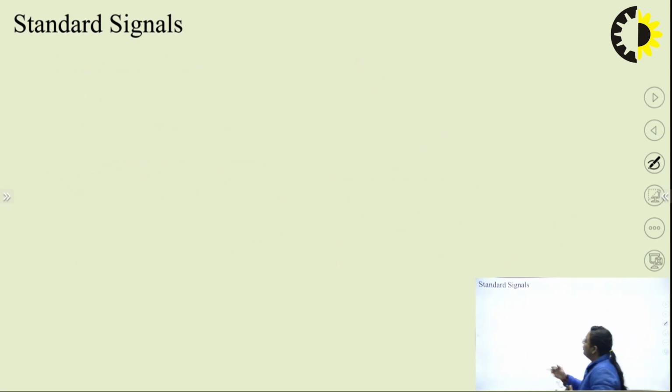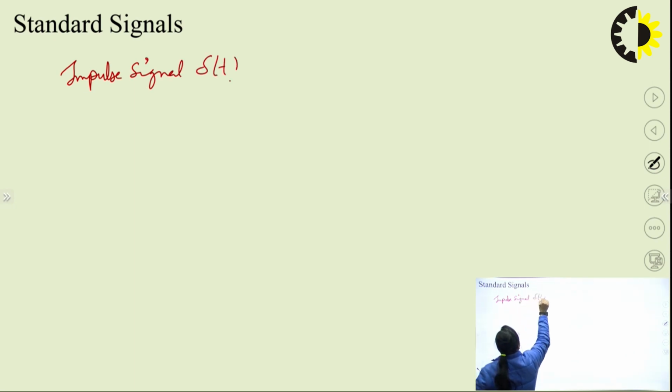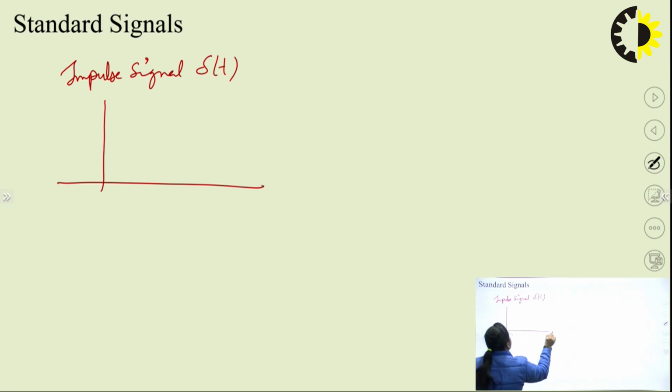Now, the impulse signal. The impulse signal is represented by delta(t), and I can represent it at a particular point, let's say A, where A is the area.